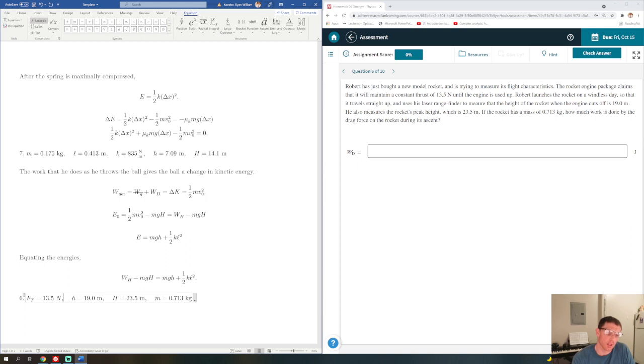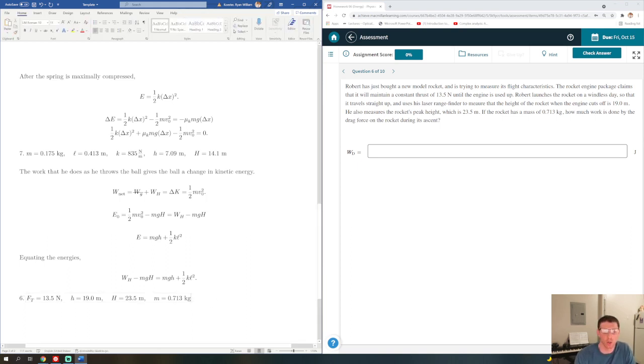Now, the thing is, we have to realize that the rocket starts at rest because the engine kicks in at time t equals 0. But that means at time t equals 0, there is no velocity and therefore no kinetic energy. Then think about when the rocket reaches its maximum height.